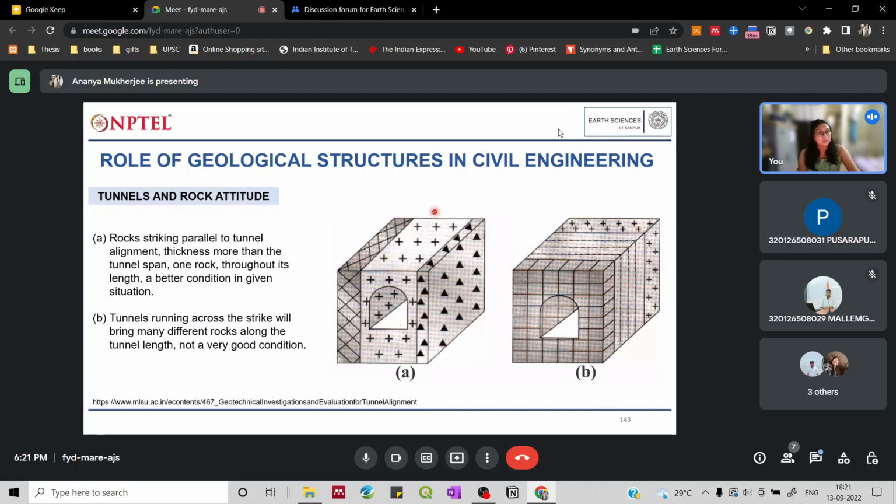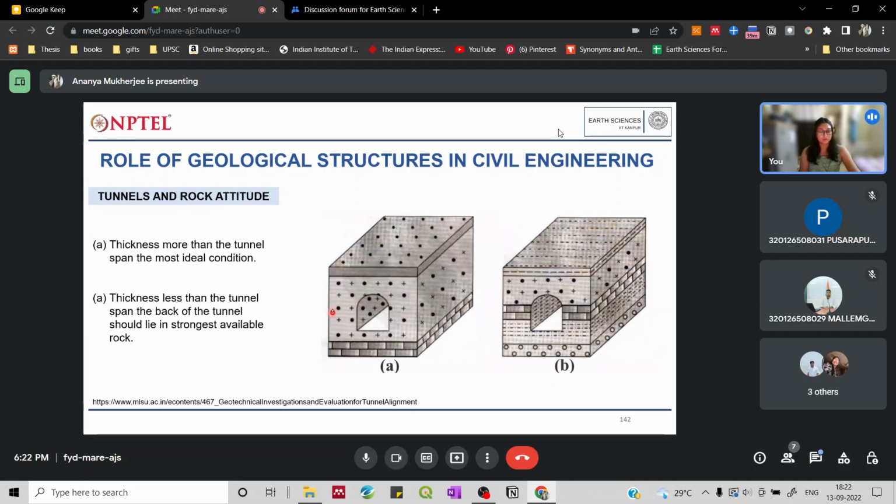So they were horizontal beds. Now we move on to vertical beds. Finding exactly vertical beds is pretty rare, but suppose you have very steeply inclining beds. When we are dealing with a tunnel, as in the previous slide, you saw the example, the A case.